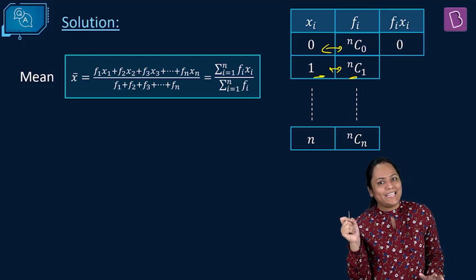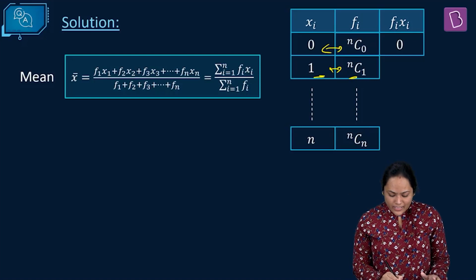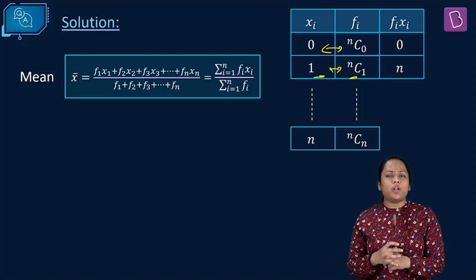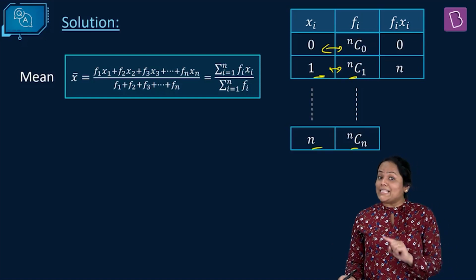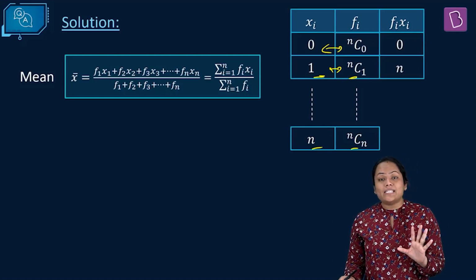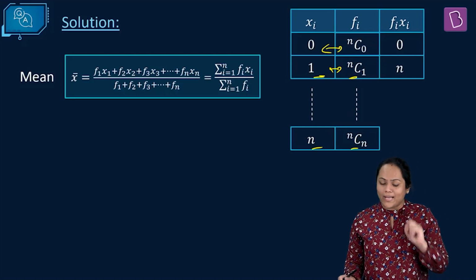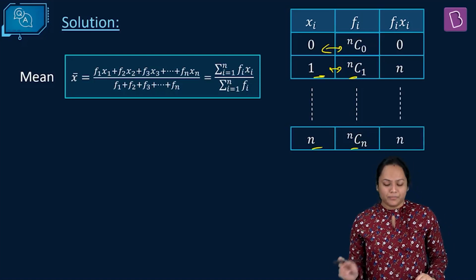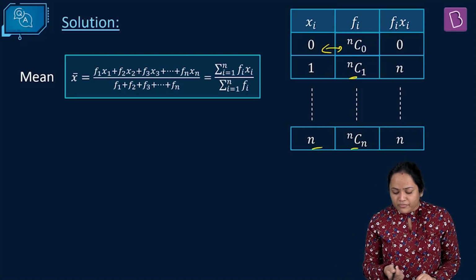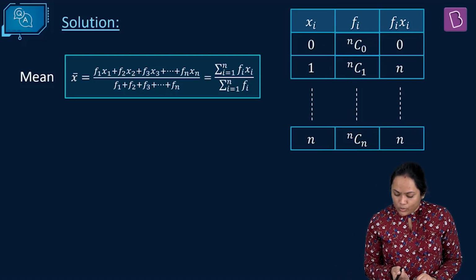Well, that is n, right? So 1 into n, that is equal to n, and so on. We'll keep on multiplying till the last term, that is n multiplied by NCn. And what is the value of NCn? Well, that is 1. So n into 1 is going to become n, right? Okay. So we have found fi xi also.